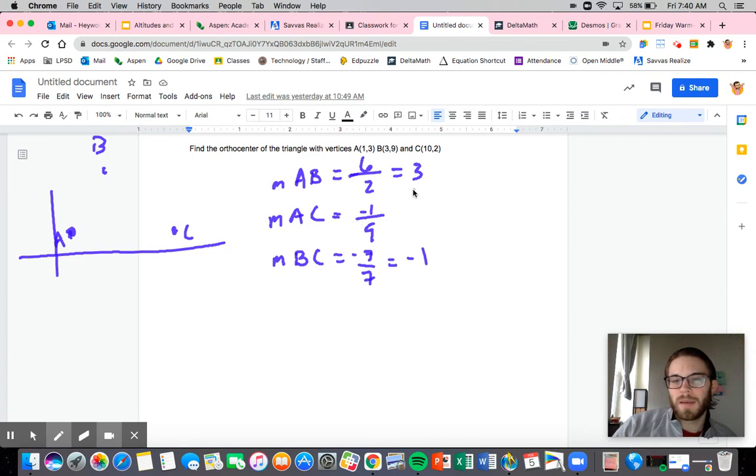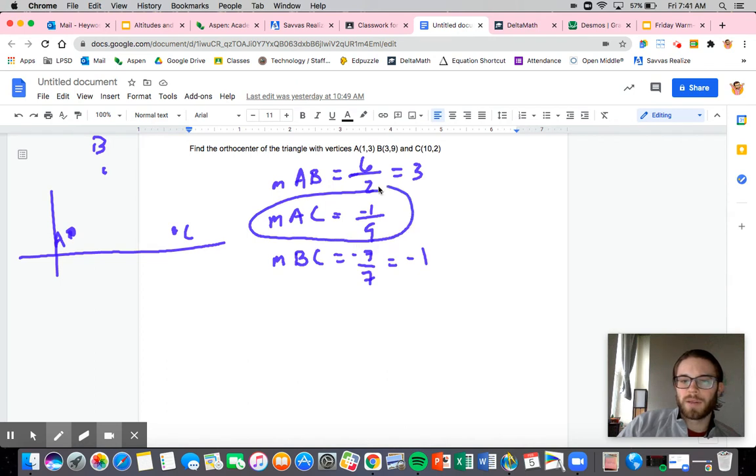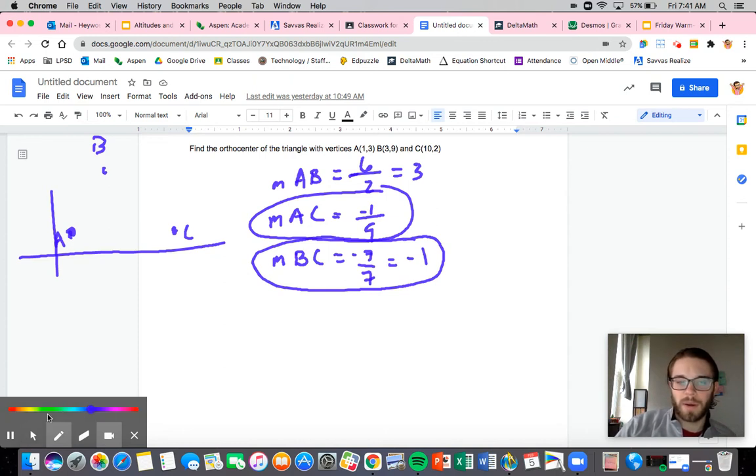The other one would give me negative 1/3, and I would be plugging in 10, 2 as a point, which doesn't interact nicely with 1/3. If I had something like 3 and 6, that would be a different discussion. So I'm going to go with these two. Again, it doesn't matter, it's your choice, but if we can pick the easier lines, we'll be that much better off.